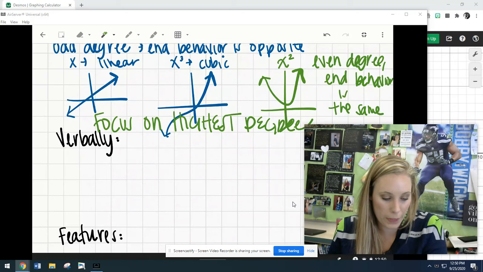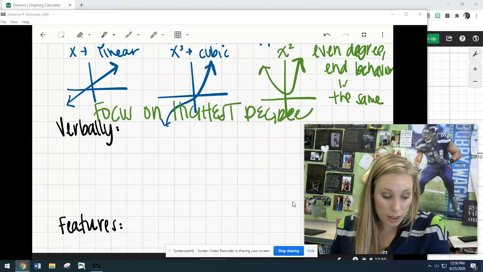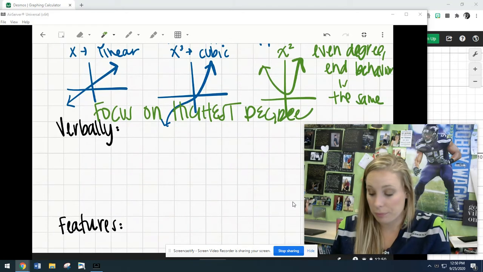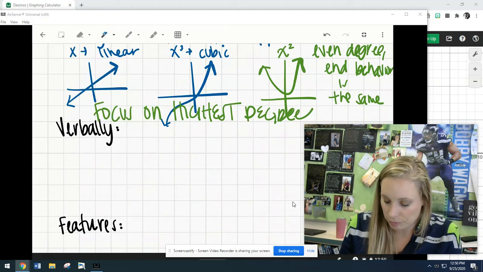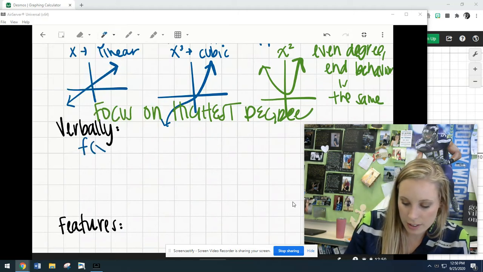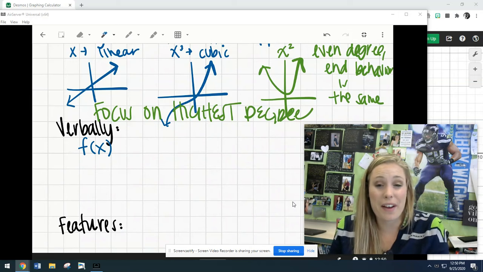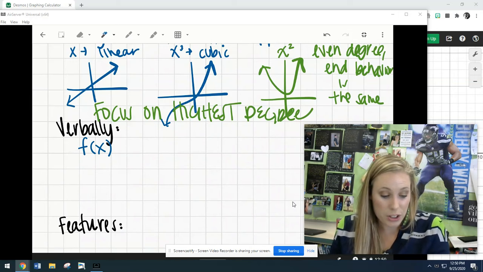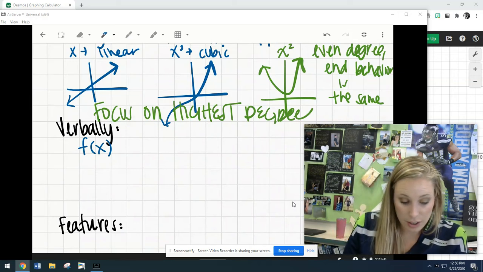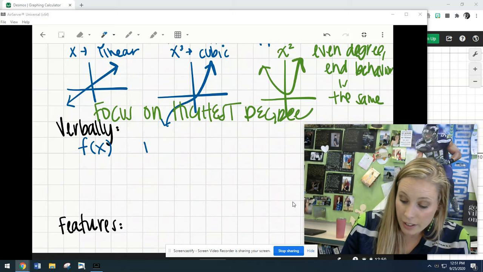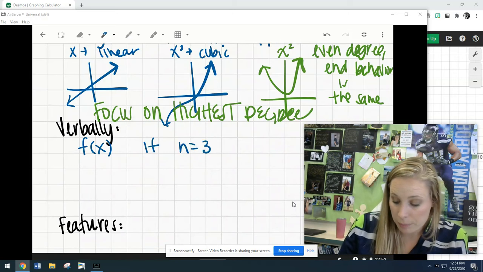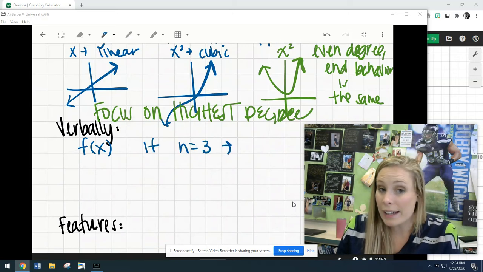Okay. A couple of things just in the verbal representations. F of x is read f of x. So f of x could be a polynomial function of x. The highest degree is n.